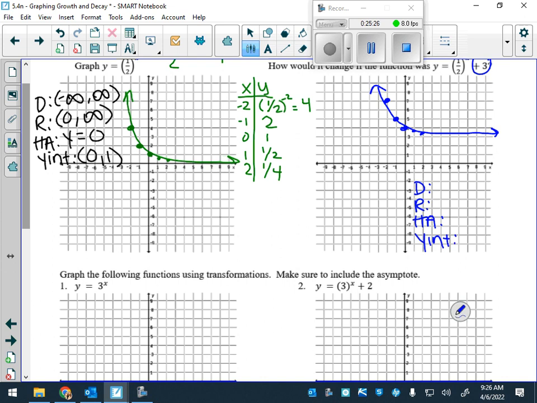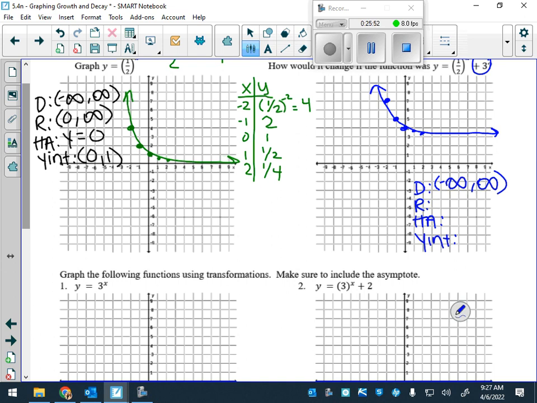All right. So out of those 4 characteristics, domain, range, horizontal asymptote, and y-intercept, which one stays the same? Which is the only one? Domain. It's the only one that stays the same. What is my range?